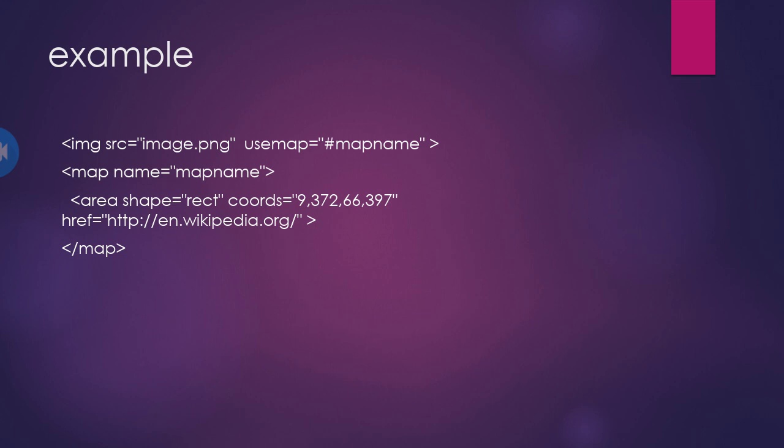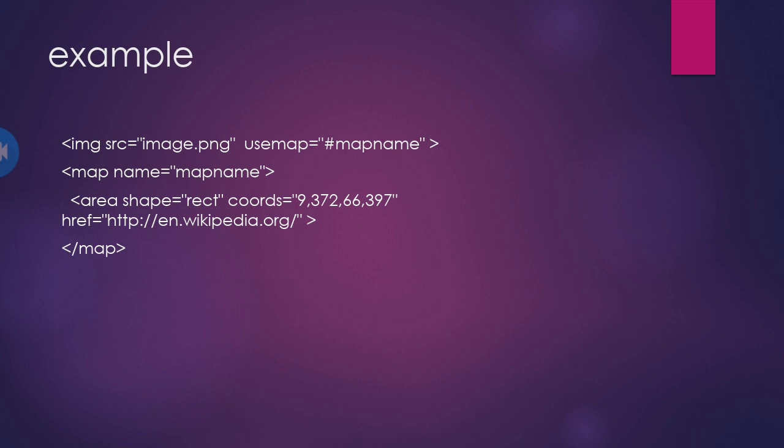In the second line, start with an angular bracket, map name equals. Name means you have to provide a name to the mapping. Here you have to write the same name as you gave in the usemap. In the given example, I have given mapname in the usemap, so write the same name here, mapname.